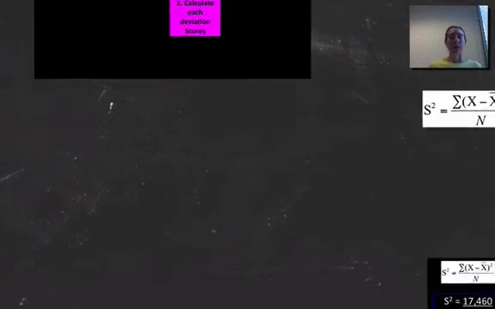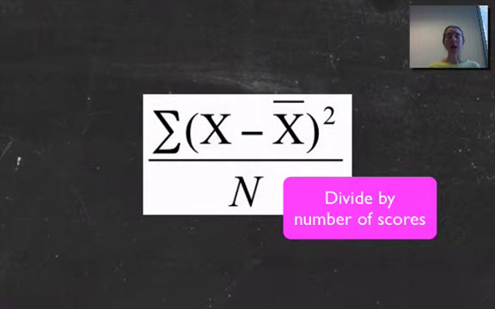Now, the sum of squares does give me one indication of error or how much values are deviating from my mean, but the size of it really depends on the number of people that I have. So the more people I have, the larger the sum of squares is actually going to be. And I said I wanted to find the average deviation, not this squared sum value. So what we do is we divide by the number of people.